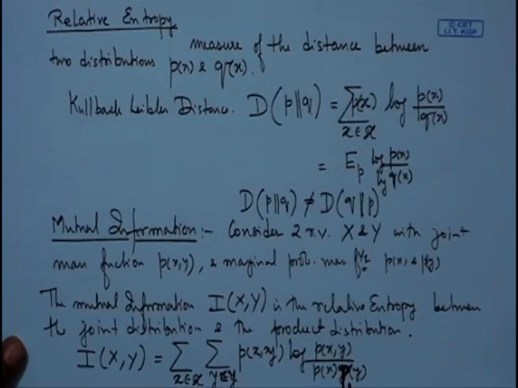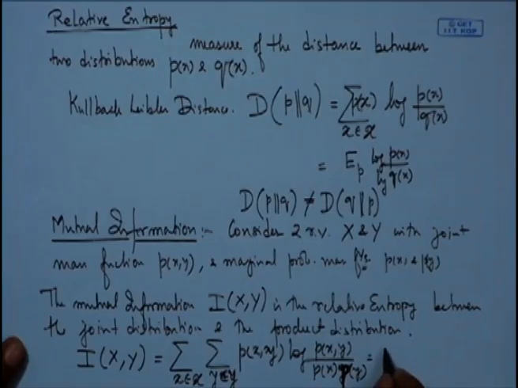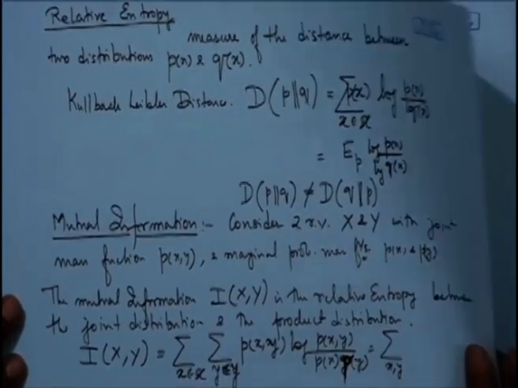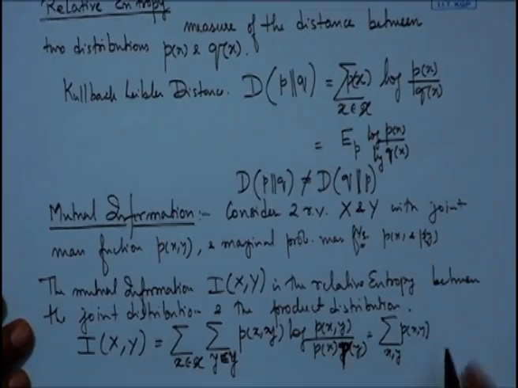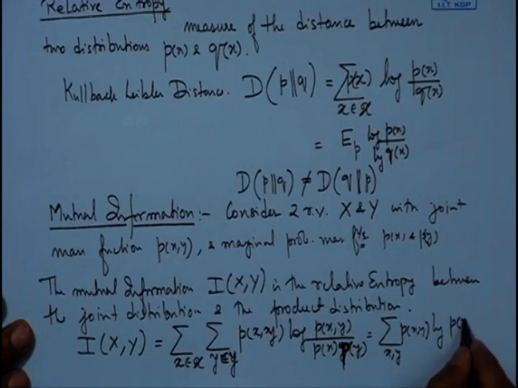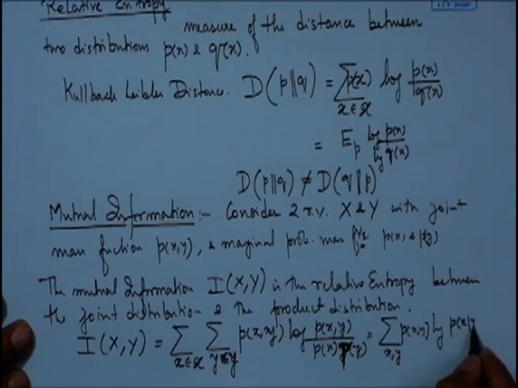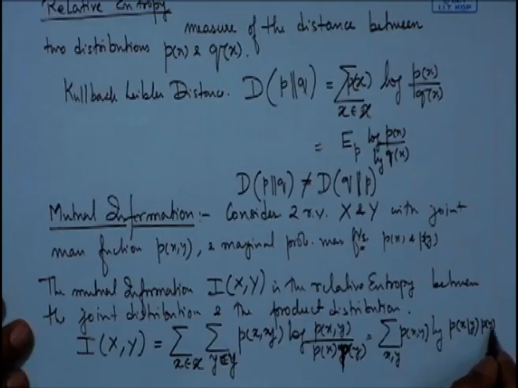This could be expanded easily. We could write in short sum over xy, that means all of xy, pxy times log of px given y times p of y divided by p of x times p of y.